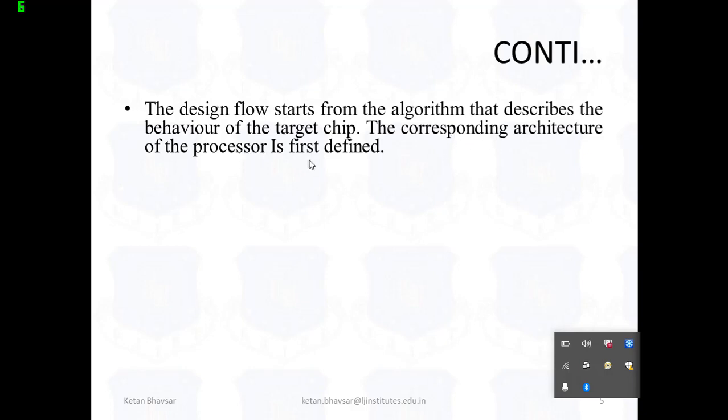The corresponding architecture of the processor is first defined. See, as I already told you, whatever application you want to design with the help of VLSI technology, or any embedded technology or communication technology, you have to define the algorithms first of all in terms of a flowchart or some pseudocode, and after that, as per your requirement, you have to choose the processor.